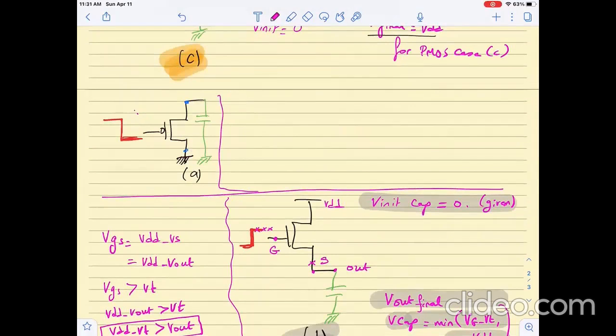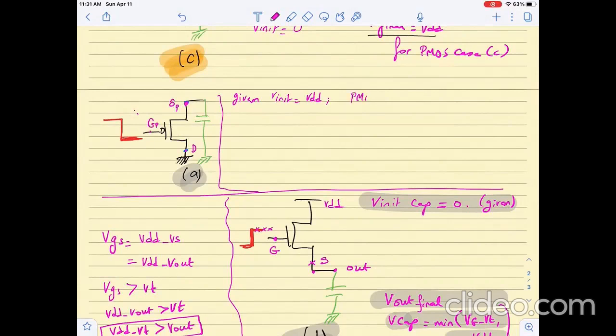In a similar fashion, for the PMOS pulling down, it is not a good pull down. Assuming V init is equal to VDD in this case, for the PMOS S is the higher, so this is the drain and this is the S for the PMOS, and this is the gate for the PMOS.